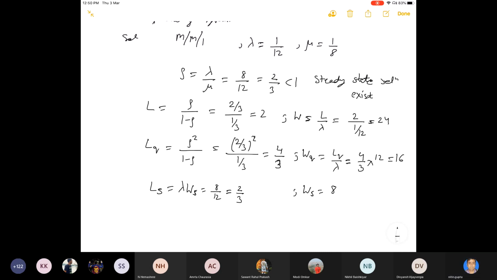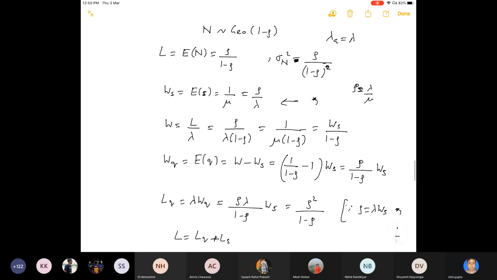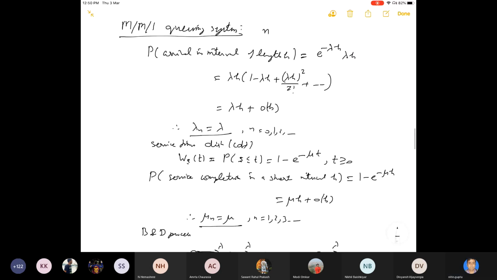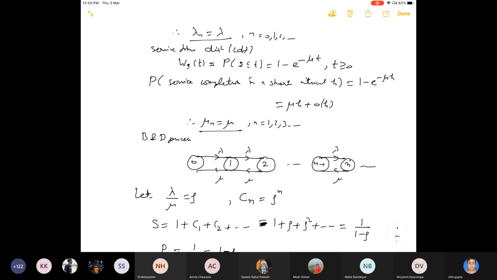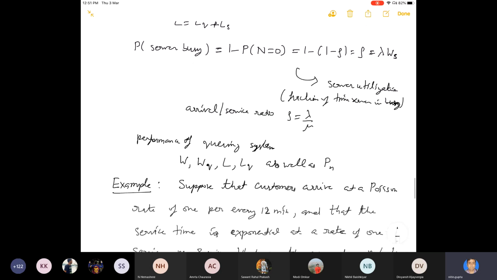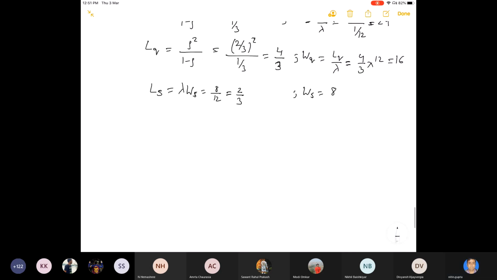So next time we have to determine the CDFs of the random variables small w, small q, and small s. For small s, the service time distribution is exponential, so that we know.